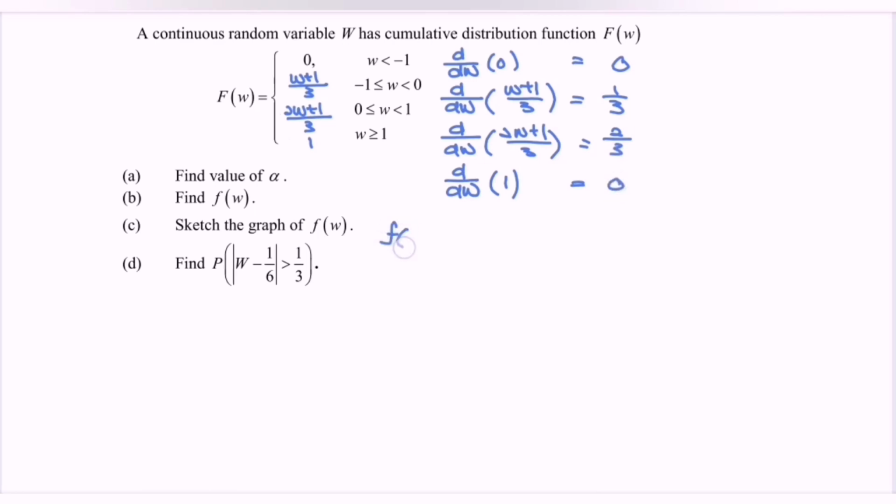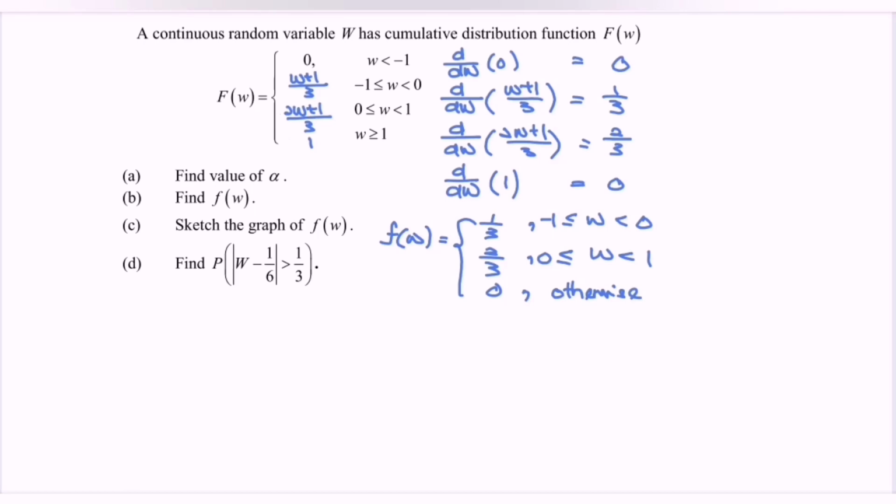So the small letter function will be equal to 1 over 3, 2 over 3, and 0. Kindly copy the domain. Here we have w is greater than or equal to -1, less than 0; w is greater than or equal to 0, less than 1; and finally we have otherwise. So that is the answer for question B.